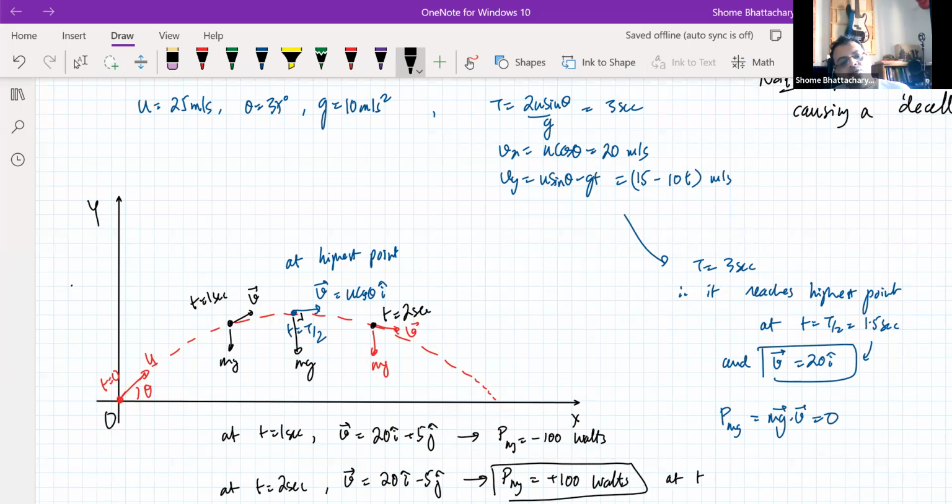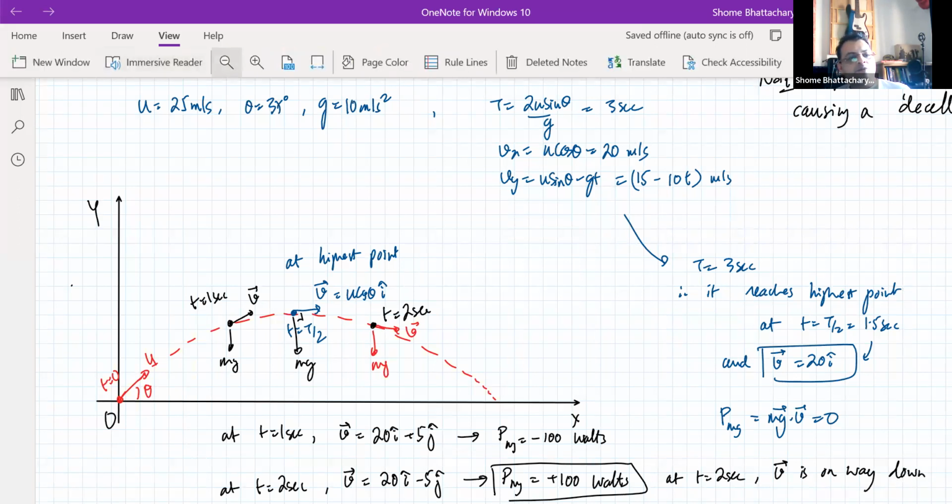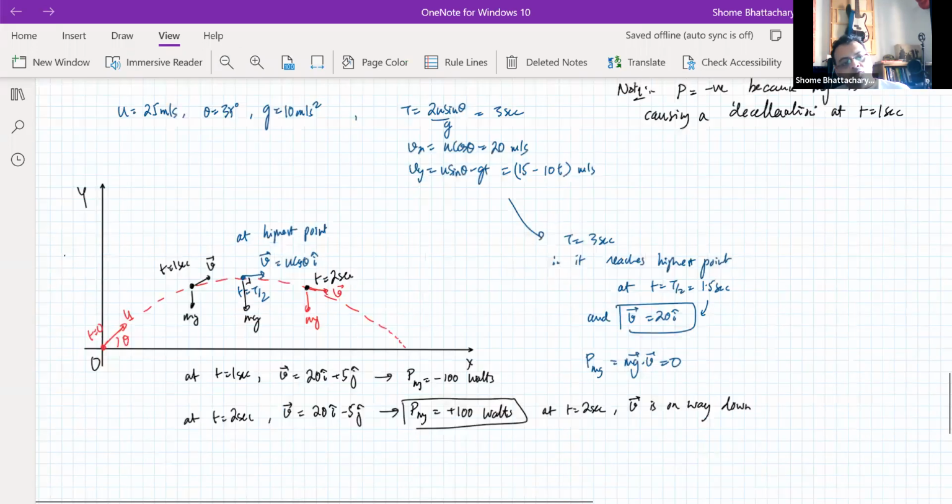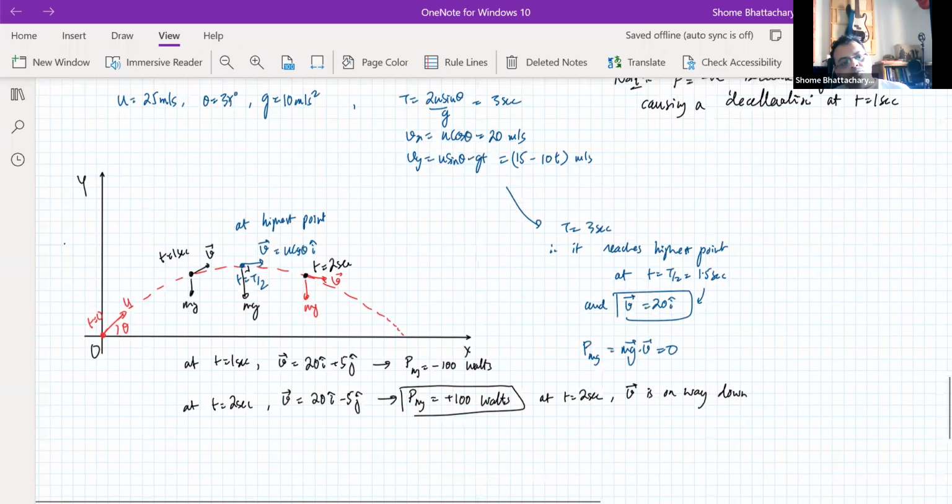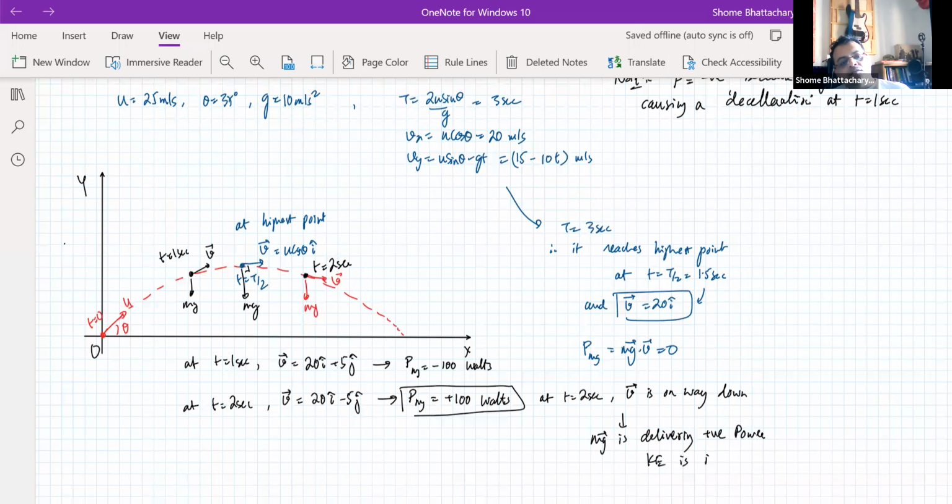Because at t equal to 2 seconds, the projectile is on the way down. So that is why mg is delivering positive power, because the kinetic energy is increasing.